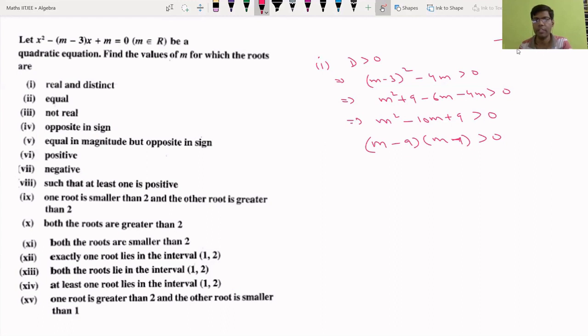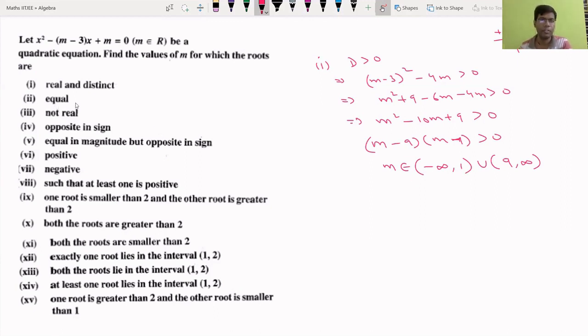This is my 9, this is 1, this is plus, this is minus, and this is plus. Okay, so I need greater than 0. That means my m will belong to minus infinity to 1, open interval because it is only greater than, union 9 to infinity. So this is my first bit. My m will belong to this interval.